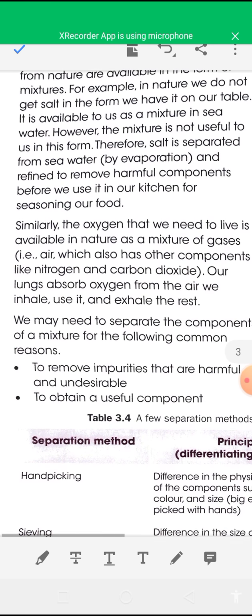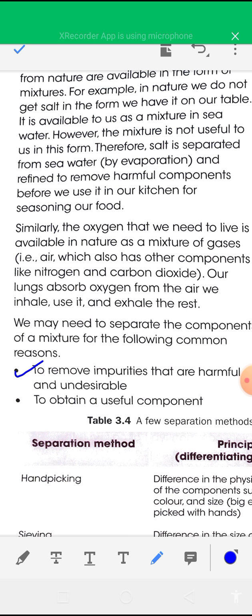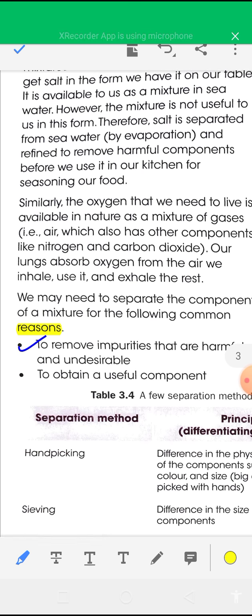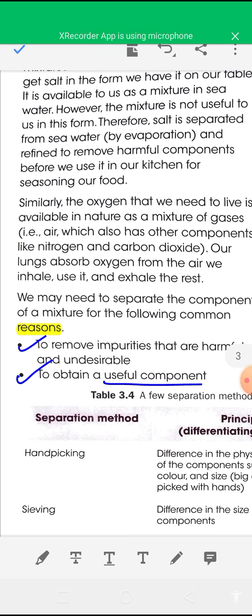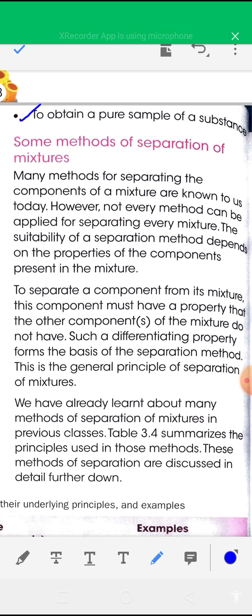Here some reasons are given. Separation is important to remove impurities that are harmful and undesirable, to obtain useful components, and the third reason is to obtain a pure sample of a substance.